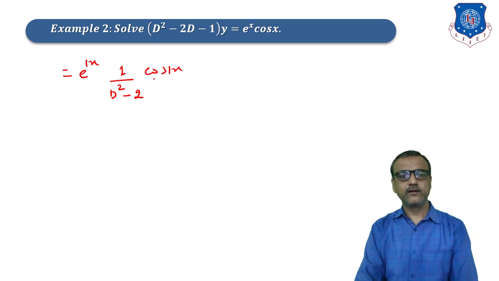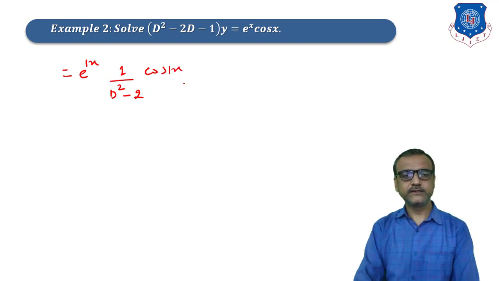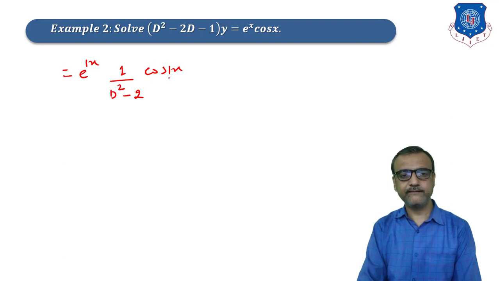Now on this function we will apply case number 2. And what is case number 2? Whenever Q of x is sine of ax plus b or cosine of ax plus b, we will replace d square by minus a square. And the value of a is 1. So we will replace d square by minus 1.